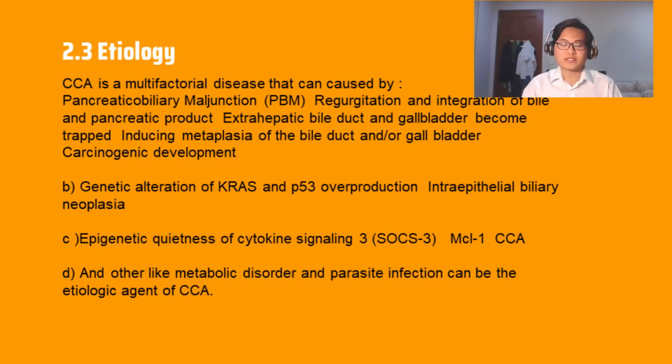The second is genetic alteration of KRAS and P53 overproduction, which leads to intraepithelial biliary neoplasia. The third is epigenetic silencing of suppressor of cytokine signaling 3, or SOCS3, which causes overexpression of MCL1 that leads to CCA development. Others, like metabolic disorders and parasite infection, can also be etiologic agents of CCA.